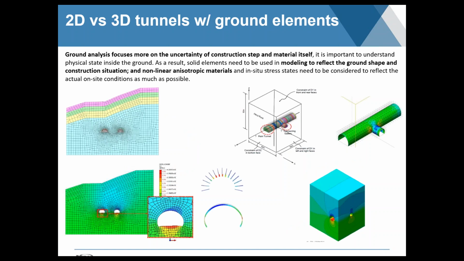However, as we've been talking about, from the geotechnical perspective, it's maybe too simplistic, and we need to consider the ground elements, either in 2D, which is at least a big step forward from the previous method, because you can now capture the non-linear behavior of the soil conditions.